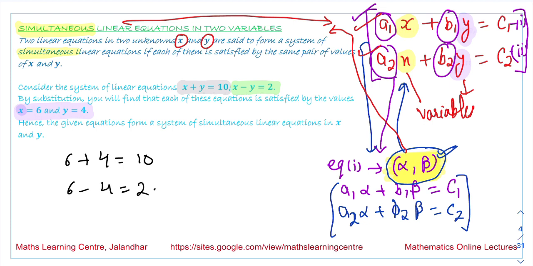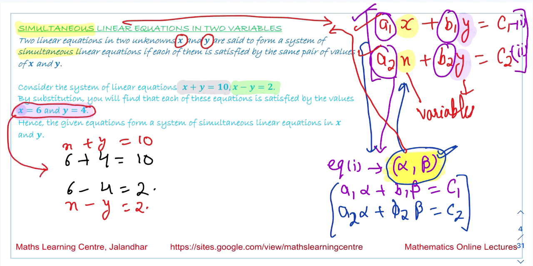So x plus y is equal to 10, and x minus y is equal to 2. These values, x equal to 6 and y equal to 4, satisfy both these equations simultaneously. So the given equations form a system of linear equations in x and y.